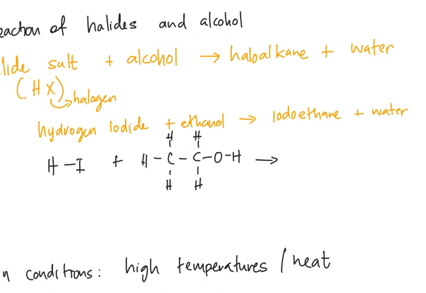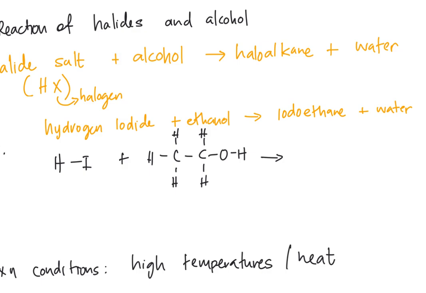And I get iodoethane, so 2 carbons with their hydrogens and an iodine plus water. And that's your structural formula.